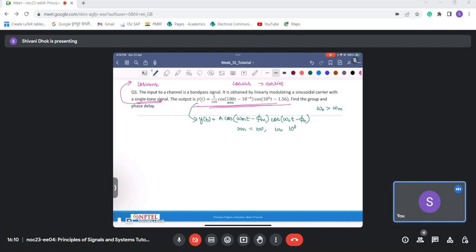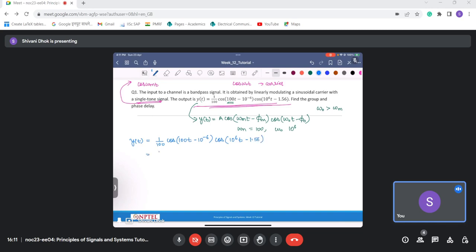So what we are having is y(t) is equal to 1 by 100 cos of 100t minus 10 raised to minus 6 cos of 10 raised to 6 t minus 1.56.